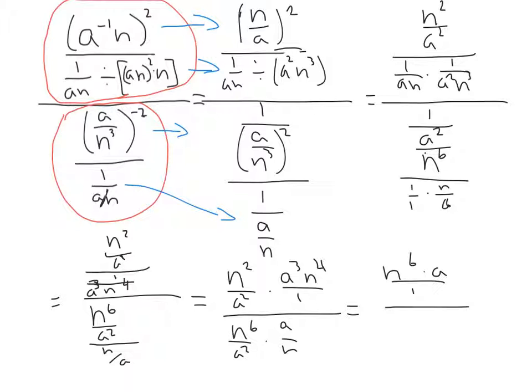A's are going to cancel, n's are going to cancel, and we're going to wind up with n to the fifth over a. If we apply the flip rule, what we're going to get is n to the sixth times a, or a n to the sixth, times the reciprocal of this, which is times a over n to the fifth.